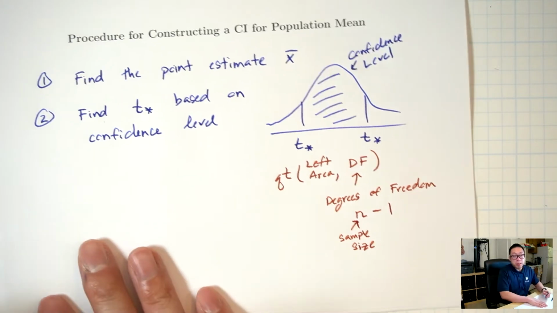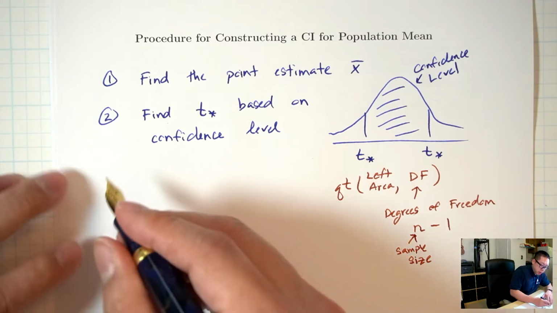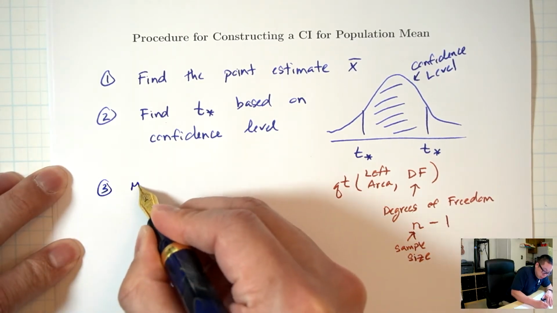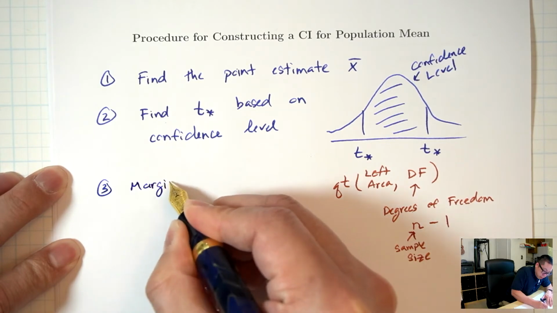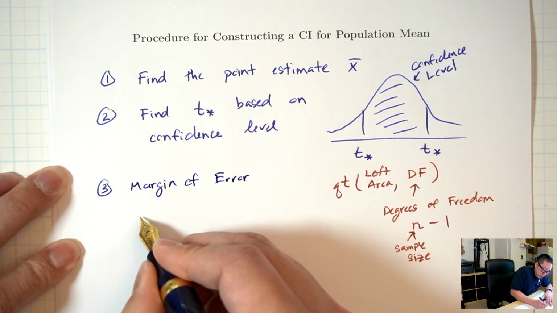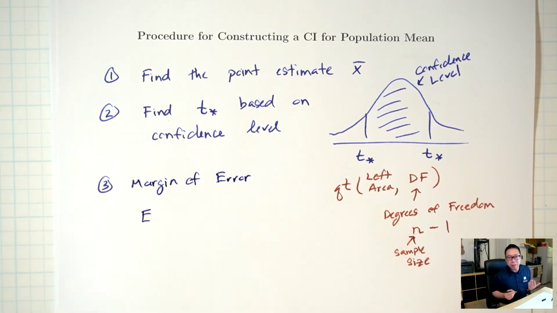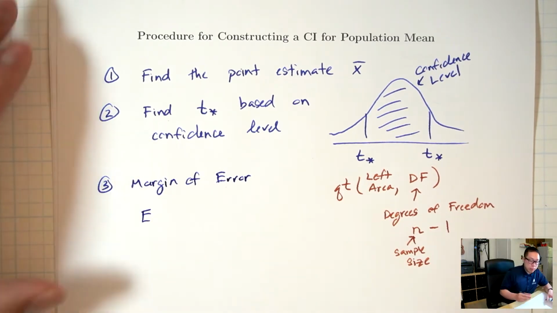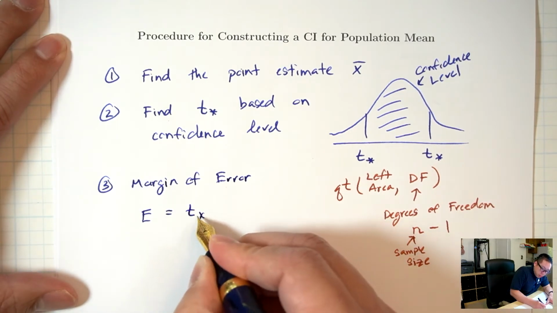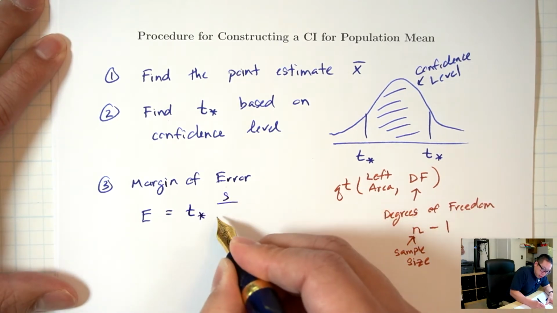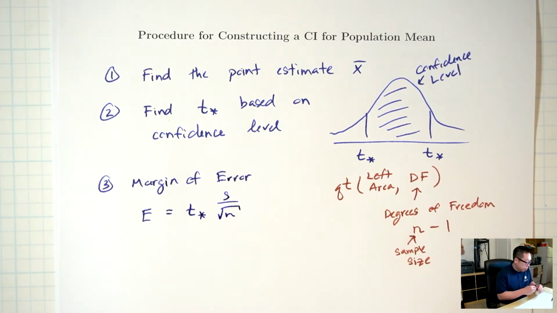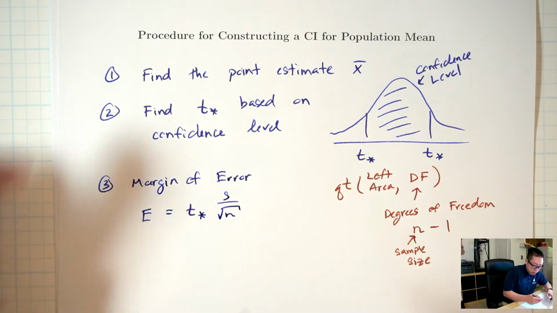Step 3, just like in the proportion situation, is to find your margin of error. And then the difference is it's going to be a different formula for means. For the mean situation, the margin of error is going to be T star times S over square root of N. And S is our standard deviation.